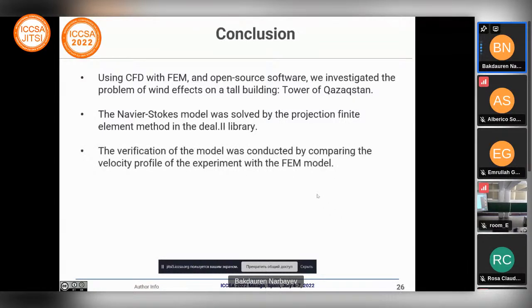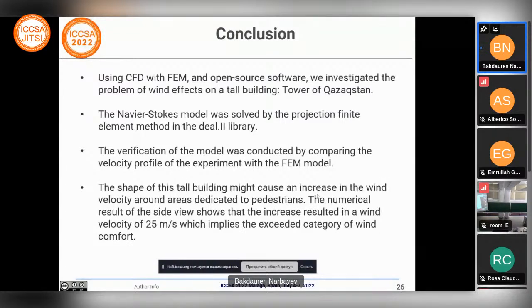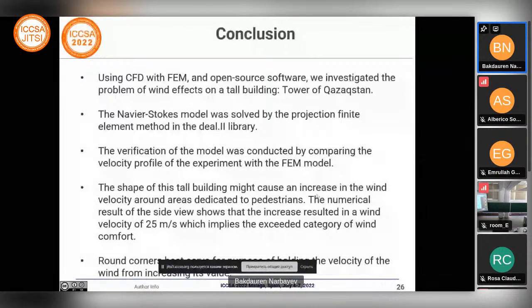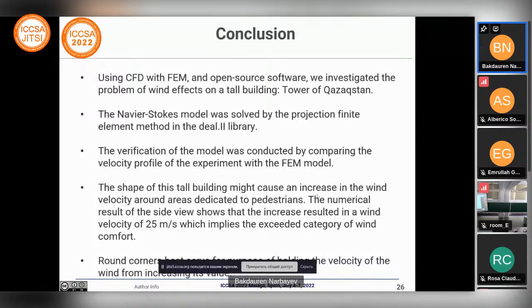We verified our model, and our numerical results have shown that in some cases, in some spots, wind achieves values that belong to uncomfortable or exceeded pedestrian comfort categories. And finally, we understood that round corners are better in terms of pedestrian comfort.